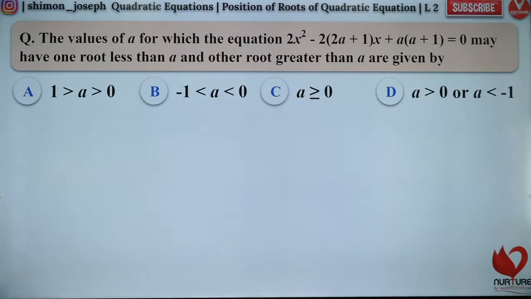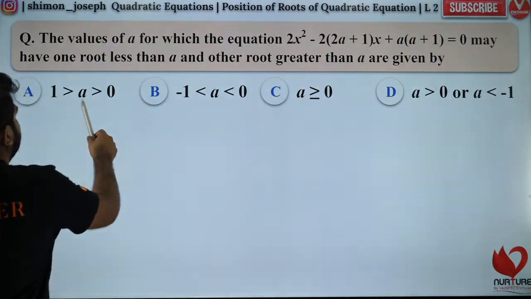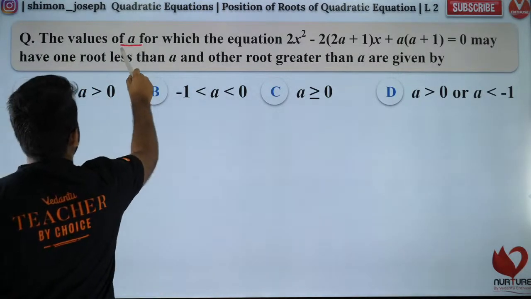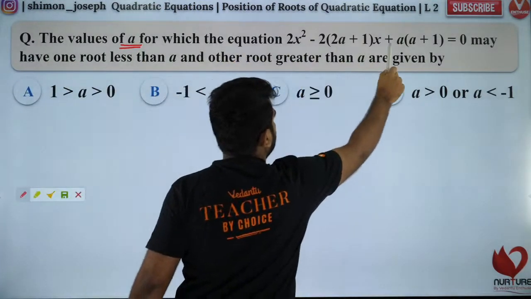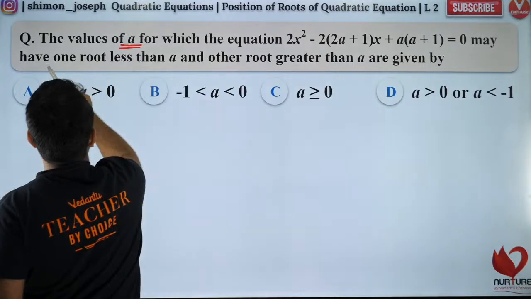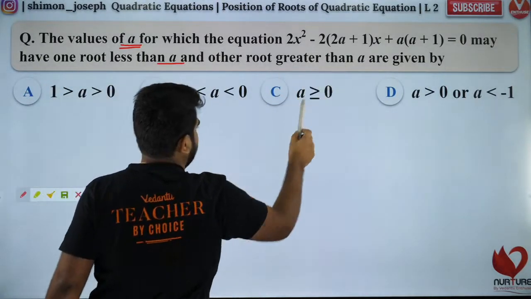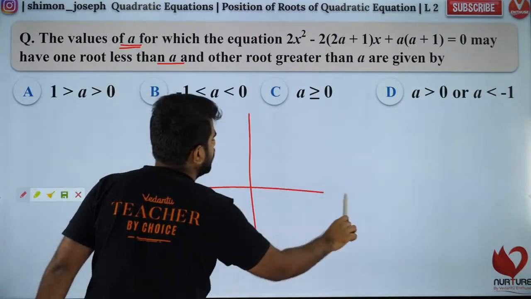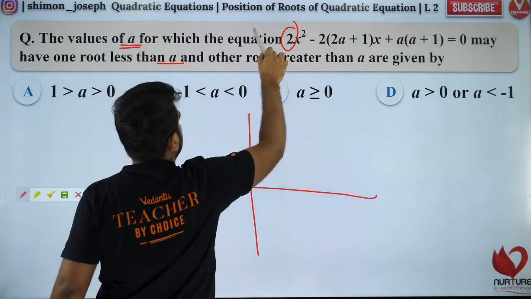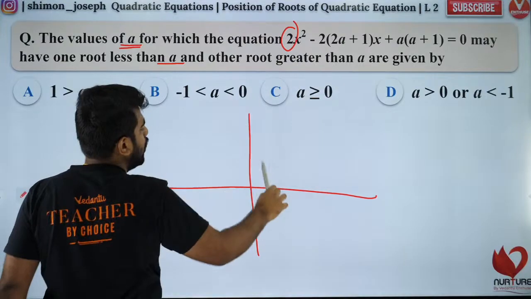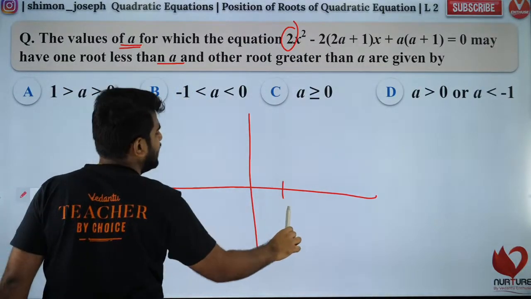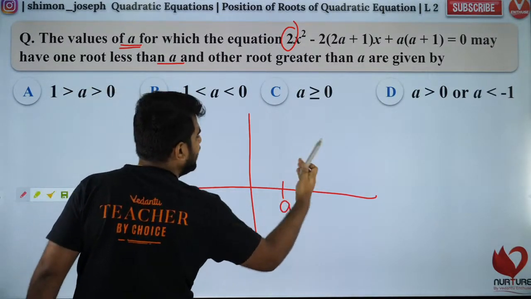Okay? So for example, Kalyani, in this question, what are they saying? They are saying what are the values of a for which the roots of the equation will have one root less than a and one root greater than a. So they want, see, a is positive, so it's an upward opening parabola. So we want one root to be lesser than a, one root to be more than a.